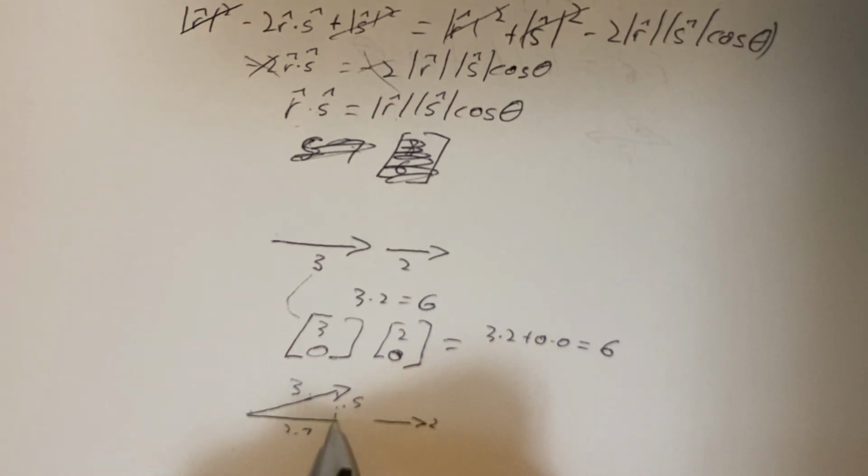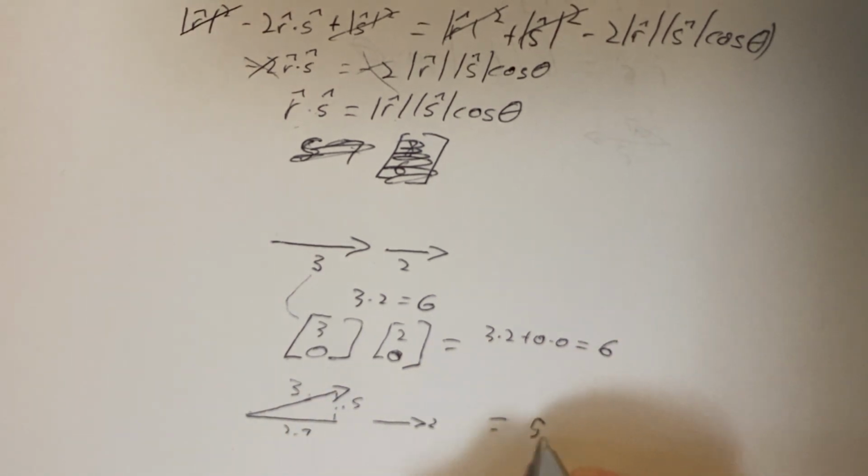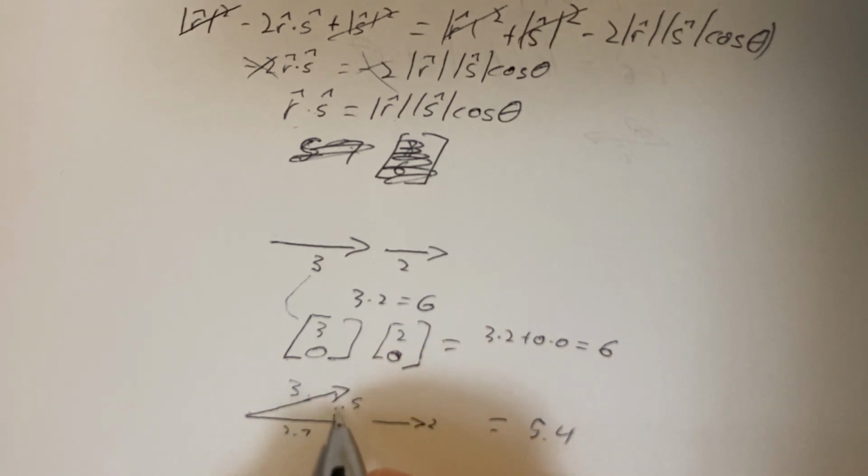The result of the dot product, meaning how much these are multiplied together in the same direction, like if you multiply the two vectors in the same direction, how much power goes into that horizontal direction, the answer would be more like 5.4. And this vertical component kind of distracts away, it takes away power from the horizontal component of this vector.